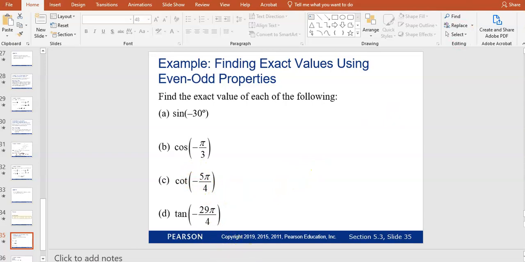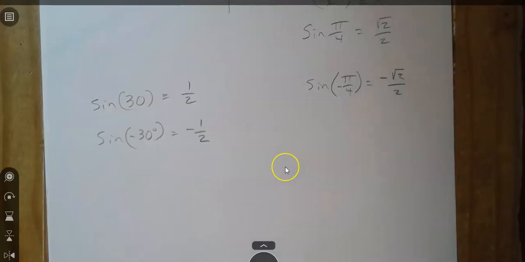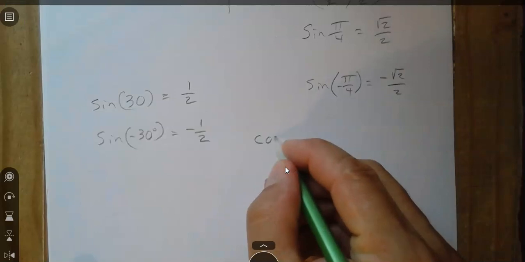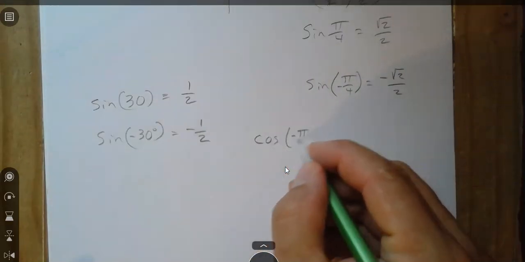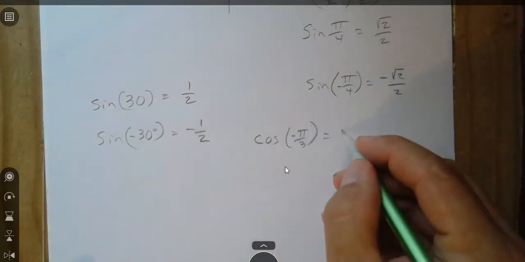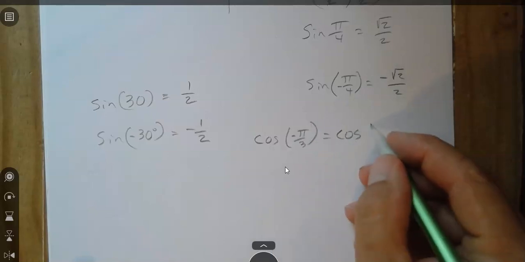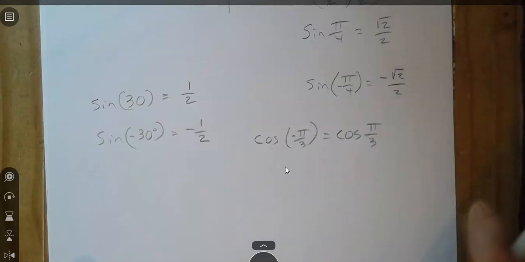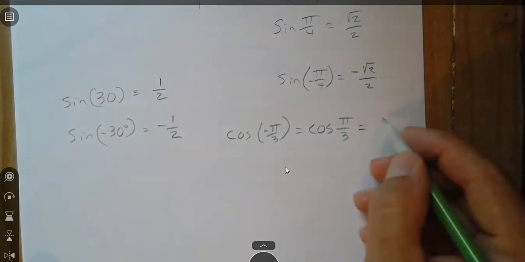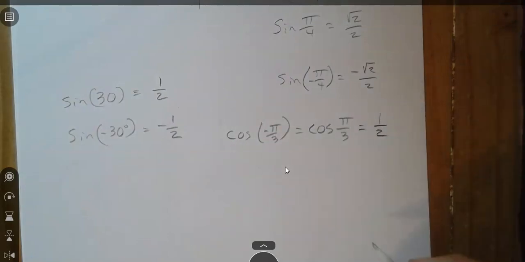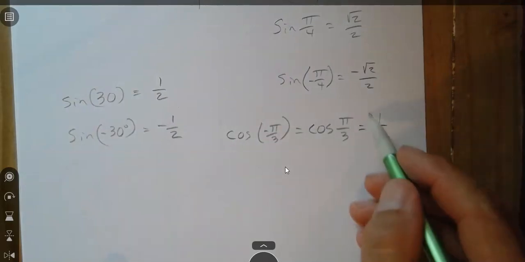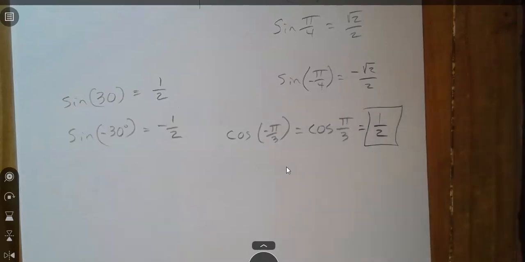Cosine of negative pi over 3. Well, we know cosine of negative pi over 3 is equal to the positive cosine of pi over 3. So as long as I know cosine of pi over 3, which is also 1/2, then I know my answer, and that is 1/2.